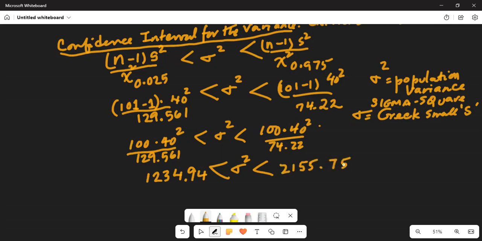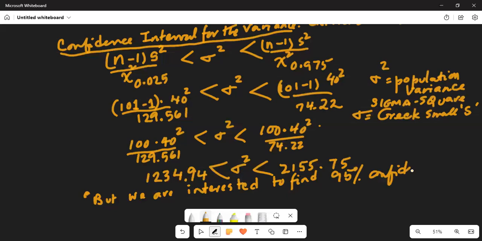2155.75. Now this gives us the 95% confidence interval, but we are interested in finding the 95% confidence interval for sigma, not sigma square. So what do I do?